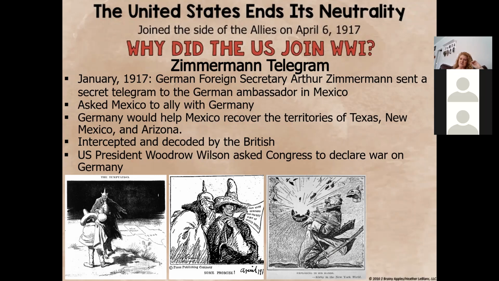But Britain is able to decipher this one and gives this information to President Wilson, who already has Americans that are angry over the sinking of the Lusitania, and now has something to present to Congress: hey, they are trying to pair up with Mexico to invade the United States and take back Texas, New Mexico, and Arizona.